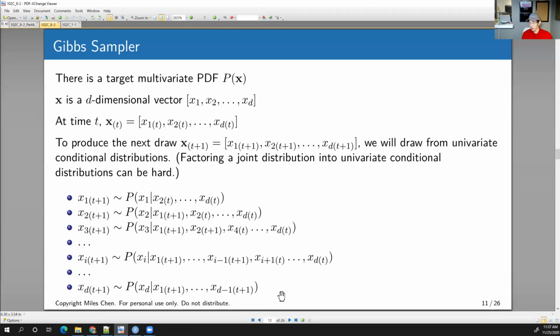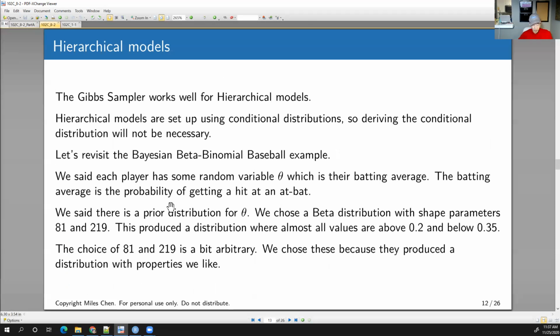All right, so that's the Gibbs sampler. And the hard part is being able to factor the joint distribution into a whole bunch of these conditional univariate distributions. Okay, and so the Gibbs sampler works very well for what we call a hierarchical model.